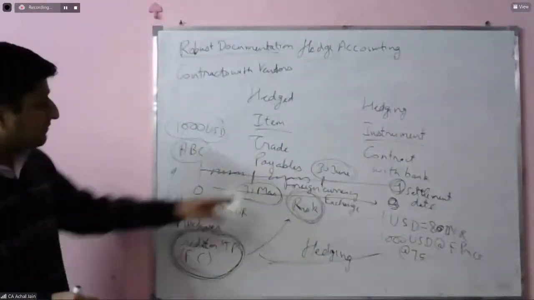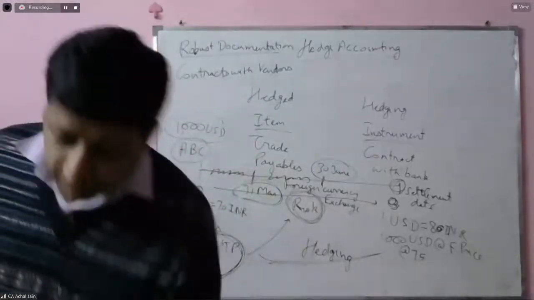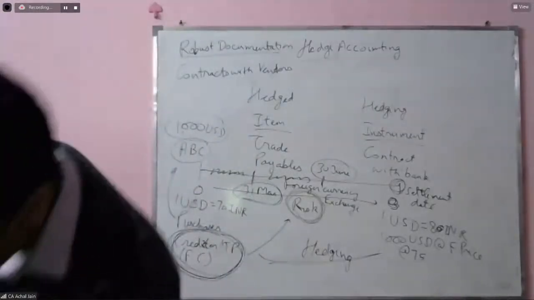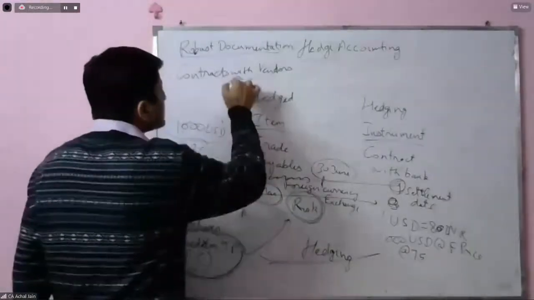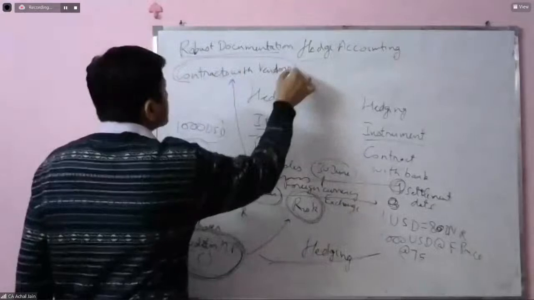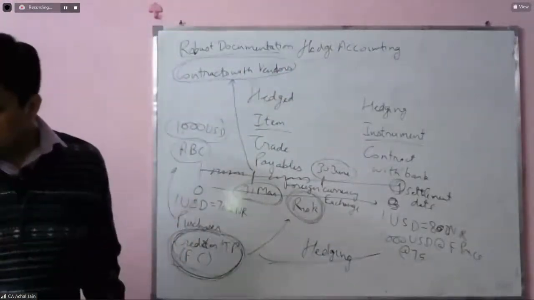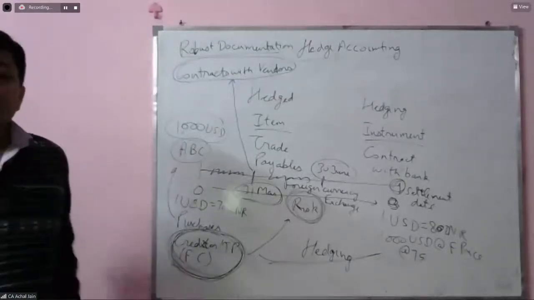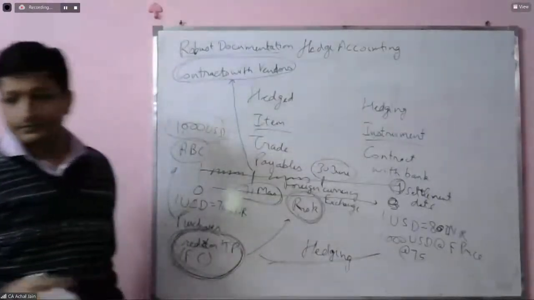Think of a situation when on 31st March, entity has also got such type of commitments, contracts with vendors to purchase items, goods in foreign currency.